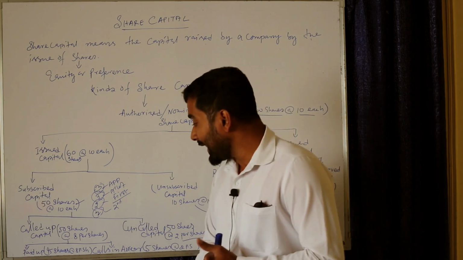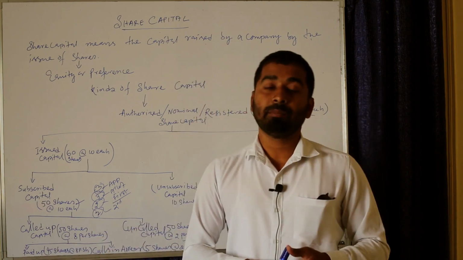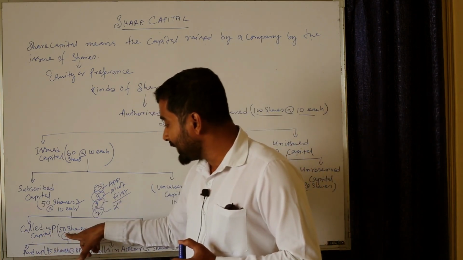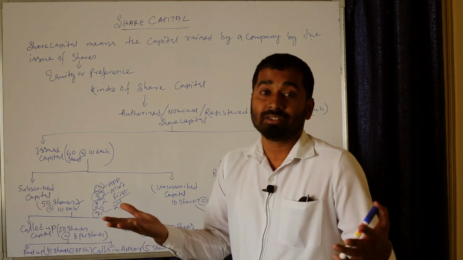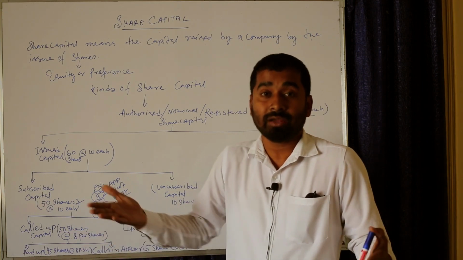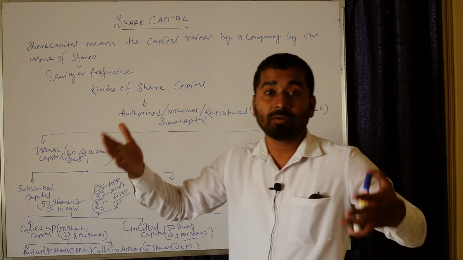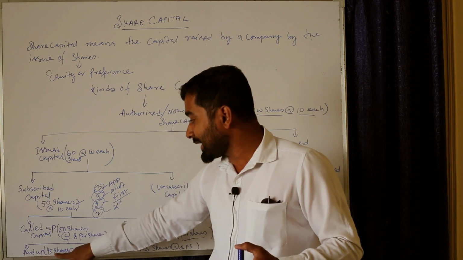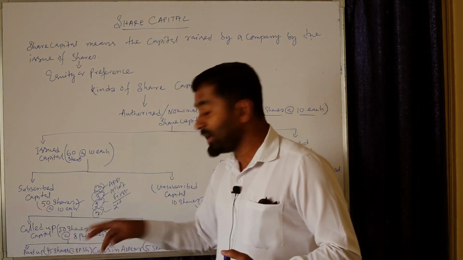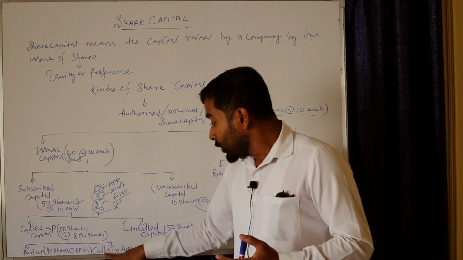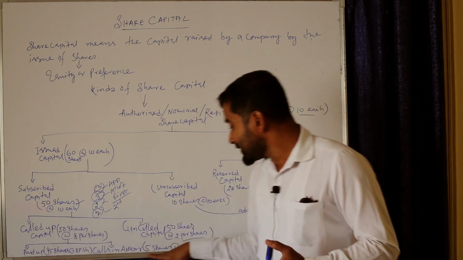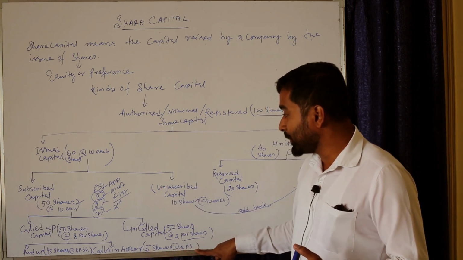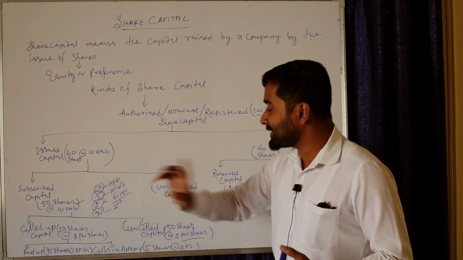That does not mean that whatever you called, the public will pay at that moment. Some of the shareholders may not be able to pay, or it could be that the person did not find the notice. So the paid up share capital is 8 per share, and definitely there are 5 shares with calls in arrear, at the rate of 2 per share, because the person has not paid only the first call.